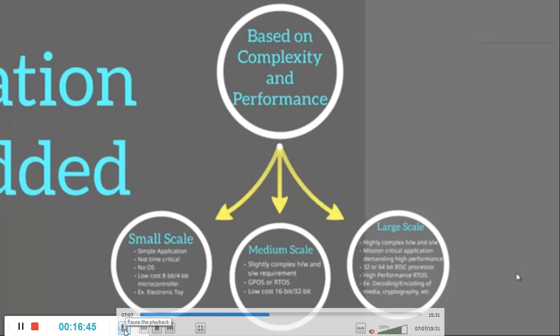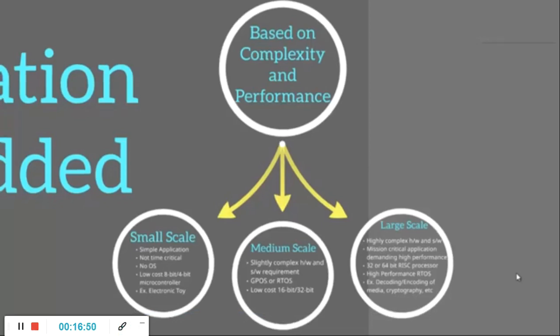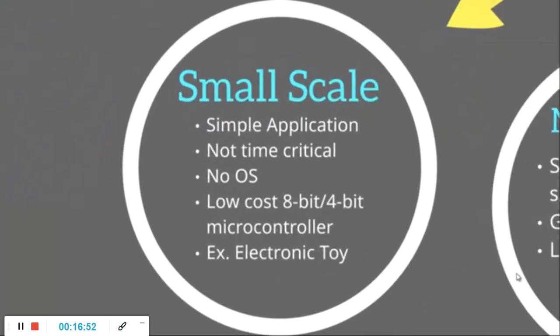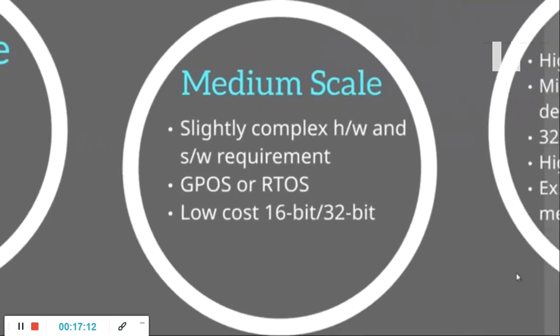Small scale embedded systems are simple in the type of applications they have. The system is not time critical. No operating system is used in small scale. They are low cost, and 4-bit microcontrollers are used. An example is electronic toys.